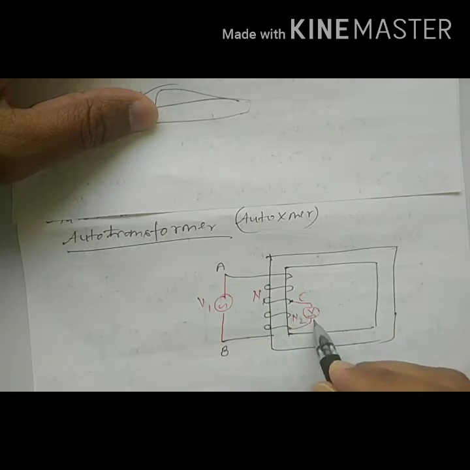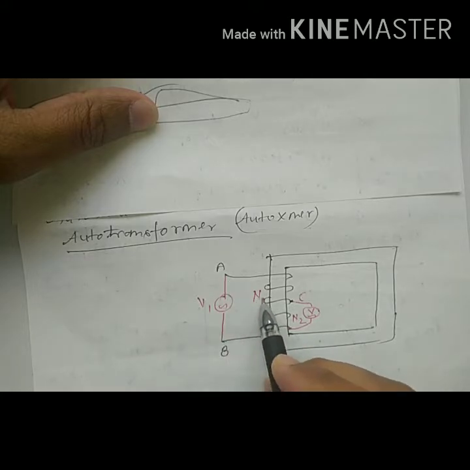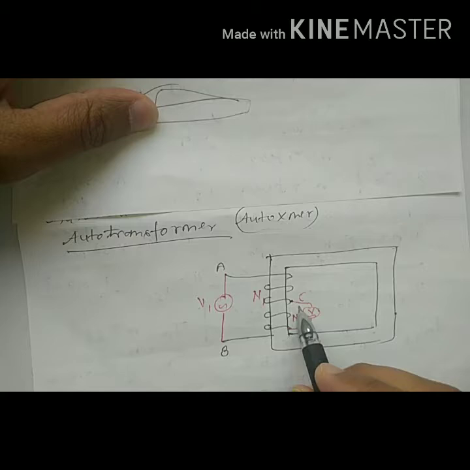And if I connect a voltmeter here, I will measure a voltage. So the voltage measured here and the voltage applied here will be different. That means supply voltage V1 is available across these two terminals with a different voltage level V2.